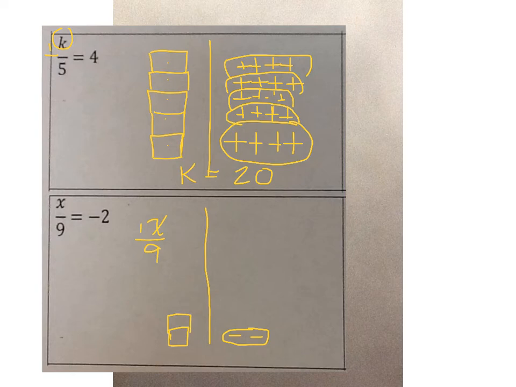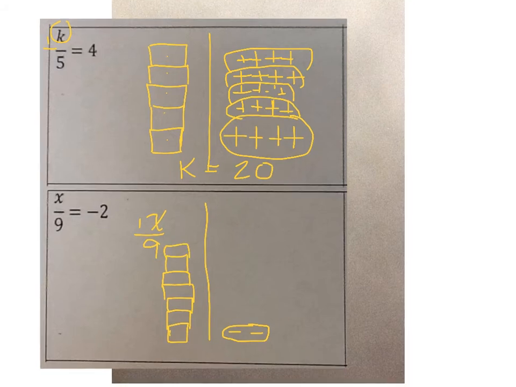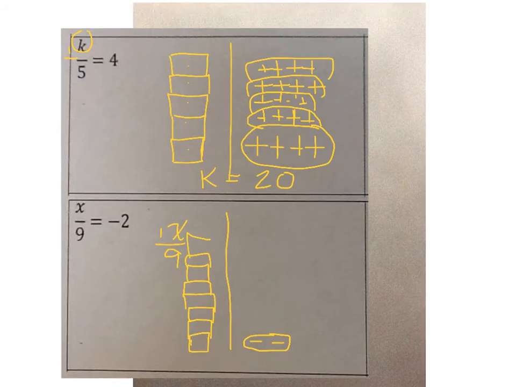So there's 2, 3, 4, 5, 6, 7, 8, and 9. So let's check: 1, 2, 3, 4, 5, 6, 7, 8, 9. That means I need 9 groups of -2. So let's draw my 9 groups of -2.